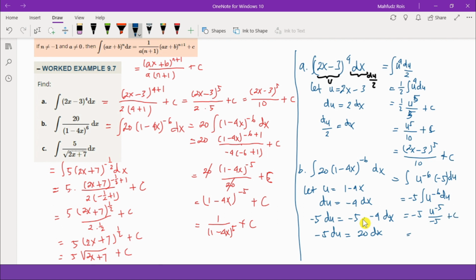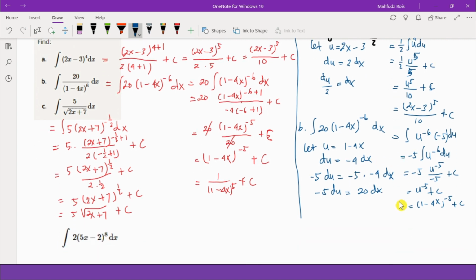Here minus 5 over minus 5 is 1, so it's only u to the minus 5 plus c. Or u here is 1 minus 4x, so (1 minus 4x) to the minus 5 plus c. Or if you want to make it positive, it will be 1 over (1 minus 4x) to the fifth plus c.